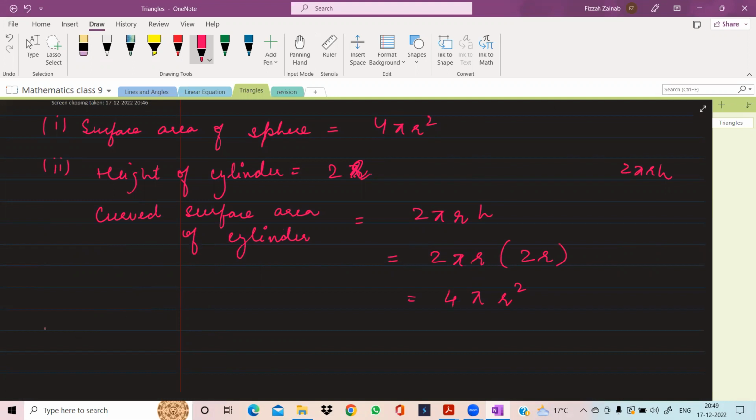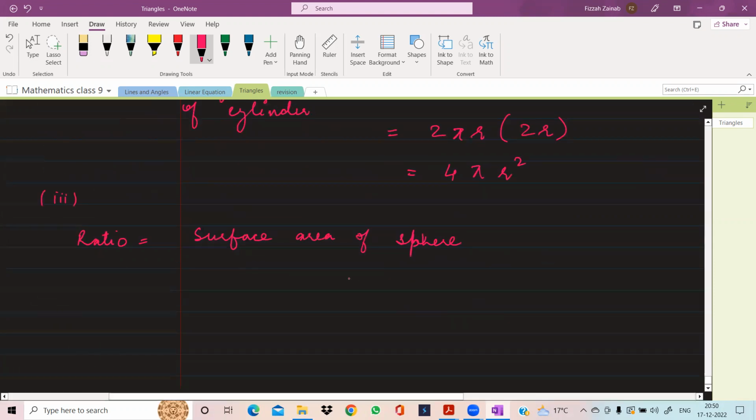Now third part. So you have to find the ratio of both the surface areas you have obtained. So surface area of sphere divided by curved surface area of cylinder.